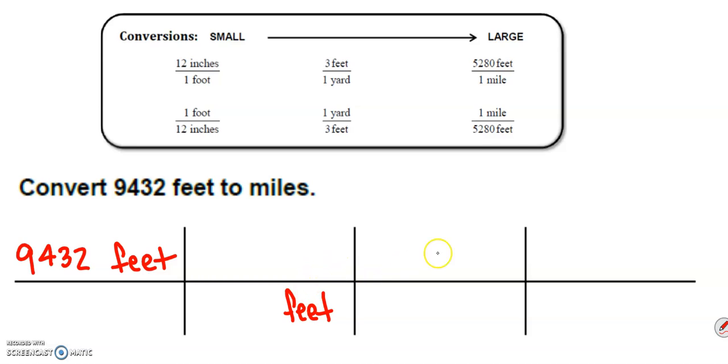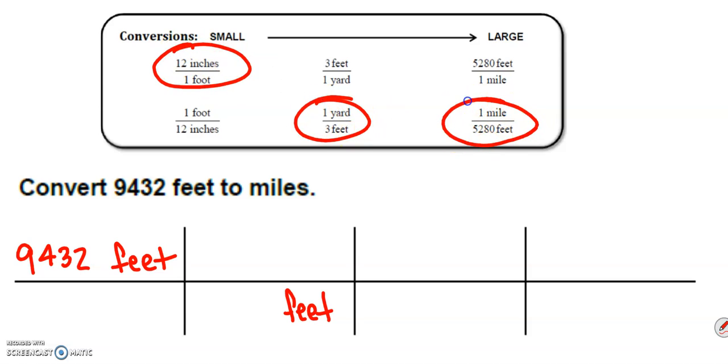So now I'm going to come up to my chart up here, and I'm going to go, okay, I've got this one, and this one. Those all have feet in the bottom. Now I have to decide which one is the right one to use. Well, I've got to get to miles. If I go from 1 foot to inches, inches is not the correct direction because inches is smaller than a foot.